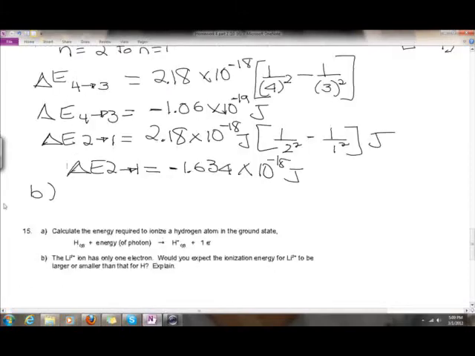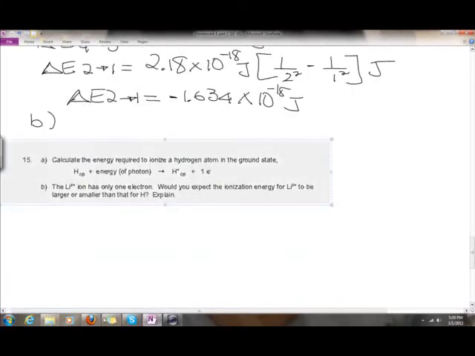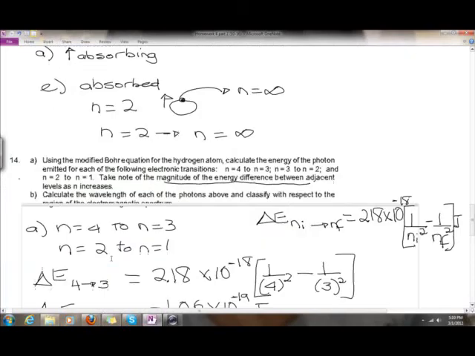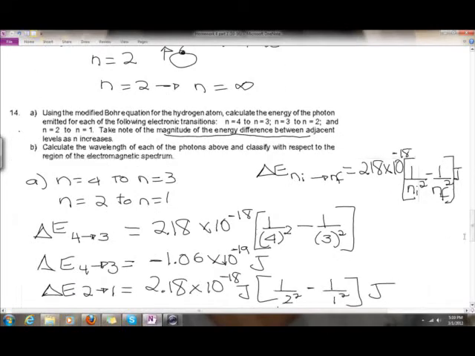And letter B is basically, let me move this down and get the problem: calculate the wavelength of each of the photons above and classify them with respect to the region of the electromagnetic spectrum. What you have to do is calculate, with the energy, the wavelength of each of these energies. Remember, this is the energy per photon.